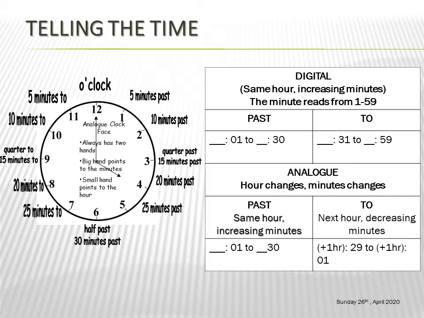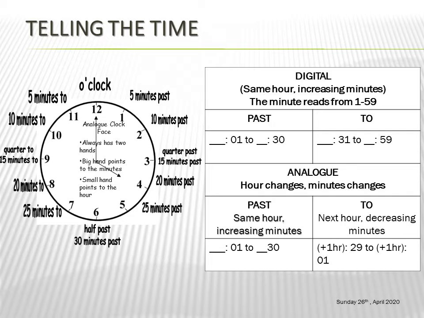25 minutes to 5. Whenever the minute hand is between 12 and 3, you're still free to say it's 5 minutes past 4, 10 minutes past 4, 15 minutes past 4 or quarter past 4, 20 minutes past 4, or even half past 4. But the moment it shifts away from 6 to the next minute, you say it is 29.